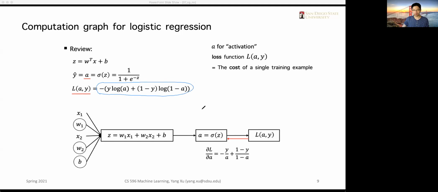If we take the derivative of this loss function with respect to A, then the logarithms will be gone, and A will appear in the denominator terms. That is the form for the partial derivative of L with respect to A. Let's use the short name dA for the derivative with respect to A, which is much shorter than using this formula.